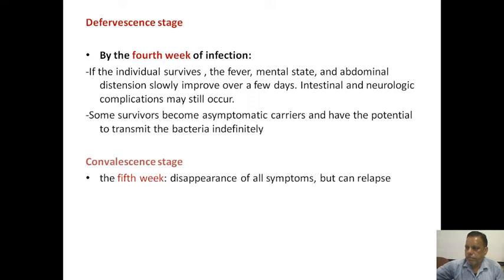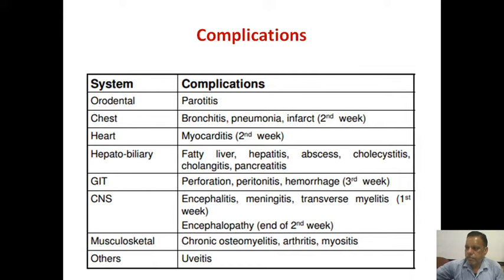So regarding the complications which I talked about, these are the complications. They are divided according to the system. So orodental, there might be parotitis. Chest, there might be bronchitis, pneumonia, even infarction. Heart, there might be myocarditis. Hepatobiliary, fatty liver, hepatitis, abscess, cholecystitis, cholangitis, pancreatitis.